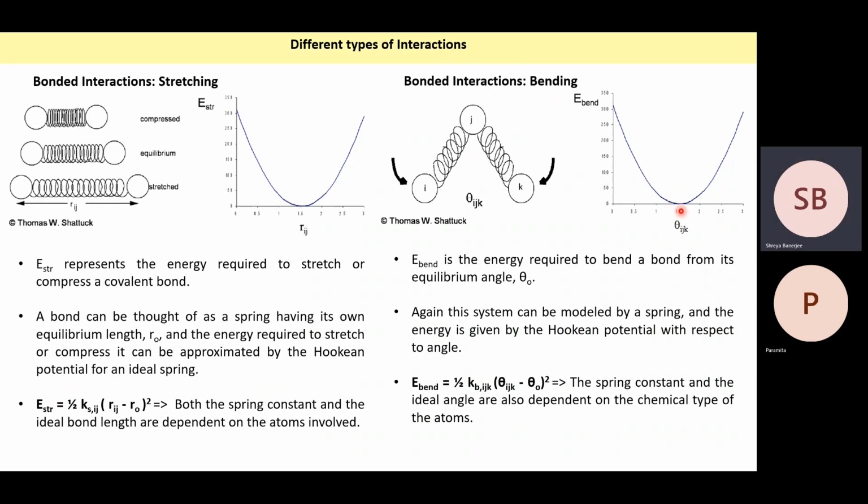From the equilibrium angle, if you go to larger angles, the energy increases, or if you go to smaller angles, the energy also increases. This is also based on the potential energy of a spring, and it has a very similar formula as the energy of stretching. The only difference is that in stretching, it is the bond length, and in bending, it is the angle between two bonds. So this energy of bending depends on the chemical type of the atoms.